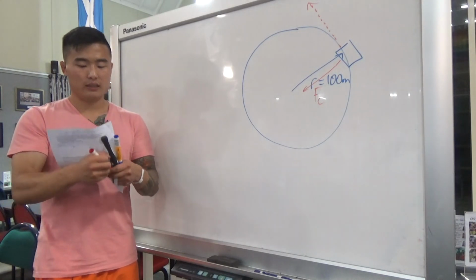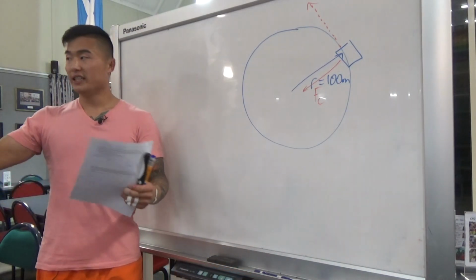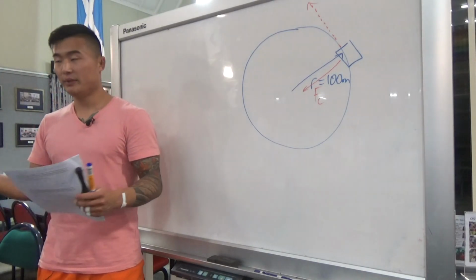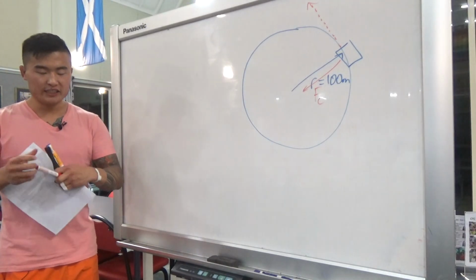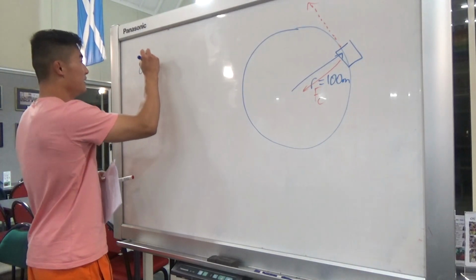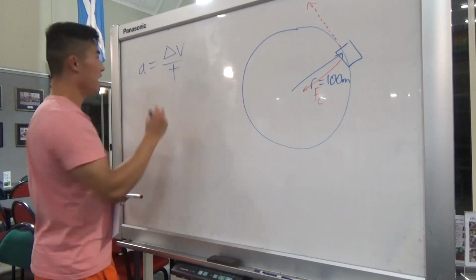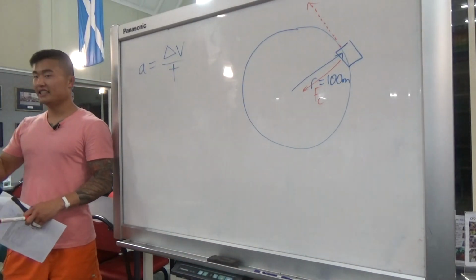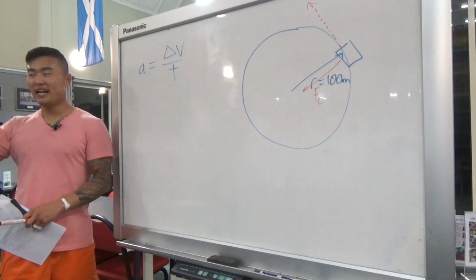And of course, if an object is moving in a circular motion, there's always going to be acceleration, because remember that acceleration is the change of velocity over time, and velocity is a vector, which means that it has direction and a magnitude.